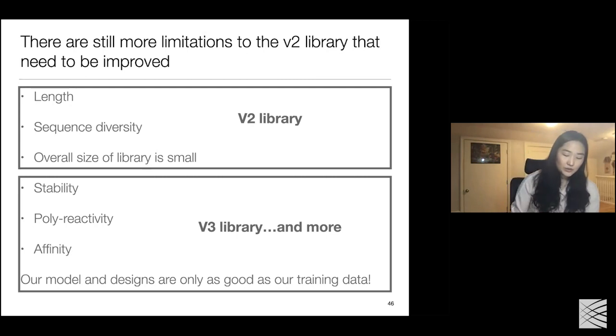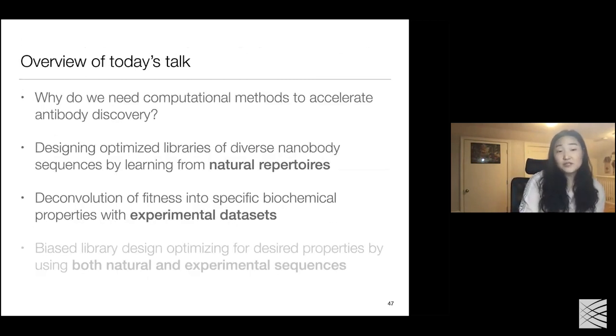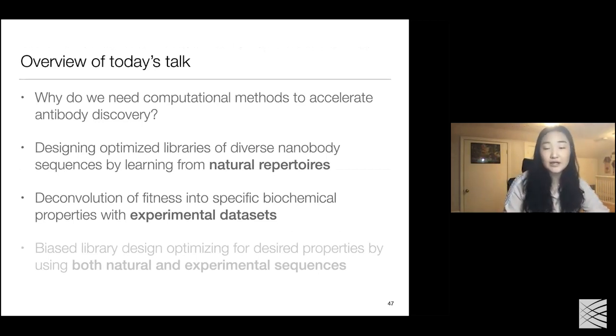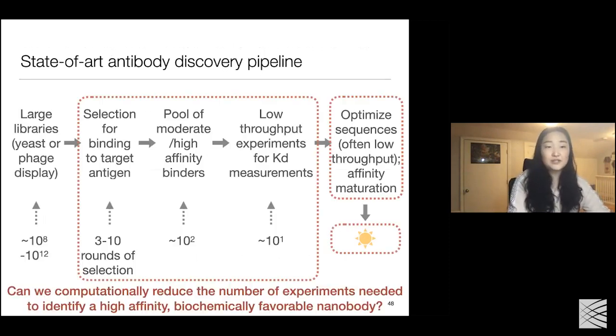So this brings us to my next point, which is how can we deconvolve fitness into specific biochemical properties using experiments? And so experimental data sets really allow us to explicitly interrogate each and every biochemical property that we are interested in. And this work is done with a fabulous set of collaborators who I will mention in just a bit.